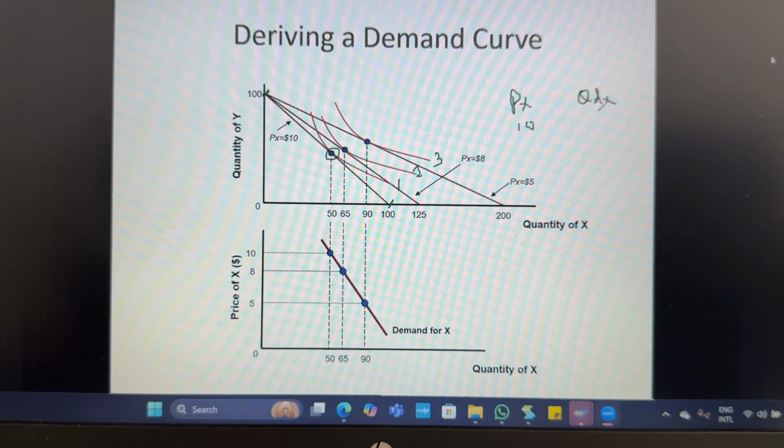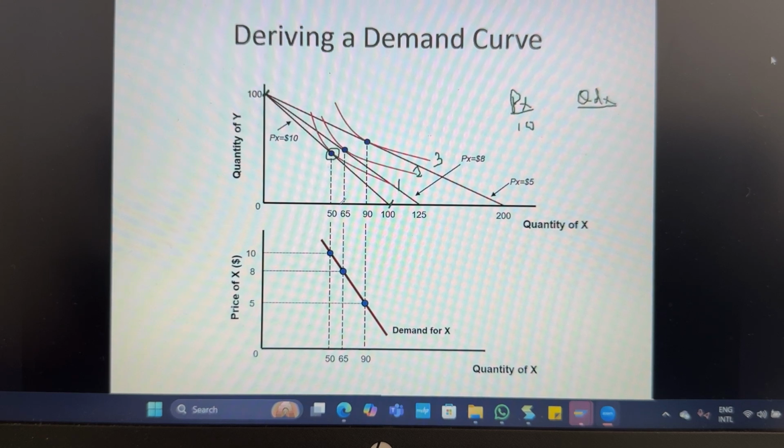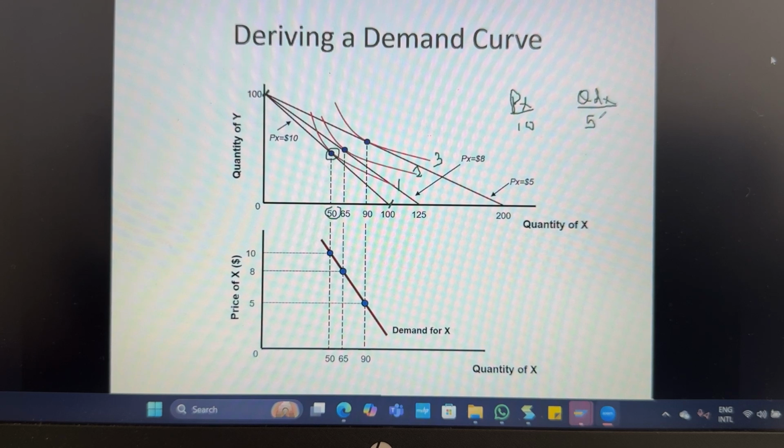How many units of commodity X would you prefer to buy according to this equilibrium point? How many units? You need to support me. 50 units. By looking at this information, can you tell me about the consumer's income?